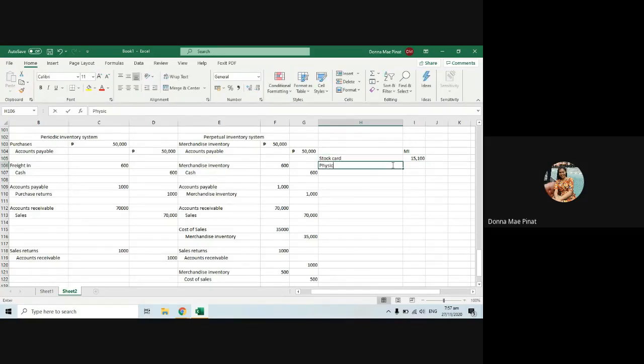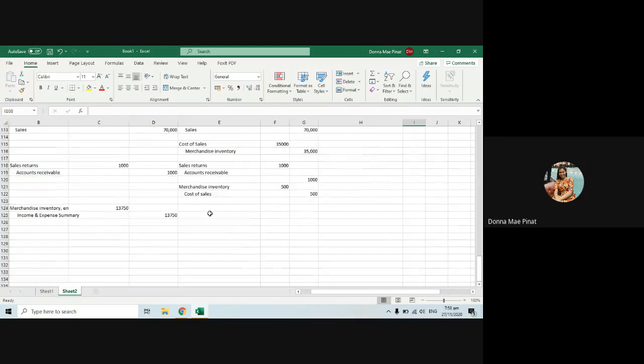But per physical count, which is the same for perpetual or periodic, the actual is what is left: 275 at 50, so you have 13,750. So, how much is your stock card inventory over? 1,350. Okay? So, how will you record that?